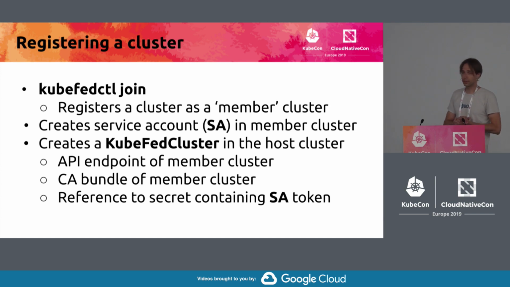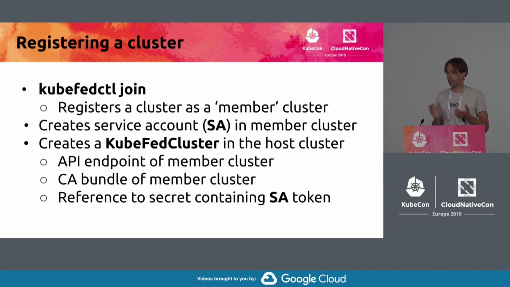So the first thing we do is we need to register a cluster. We need to identify a Kubernetes cluster to the control plane. So you could do this manually. It's just API types under the hood, but we provide a command to make it easy on you. And all the command basically does, given sufficient authorization to the cluster that you want to add to the control plane, it will create a namespace and a service account in that namespace with sufficient privileges to manage the resources that you care about.